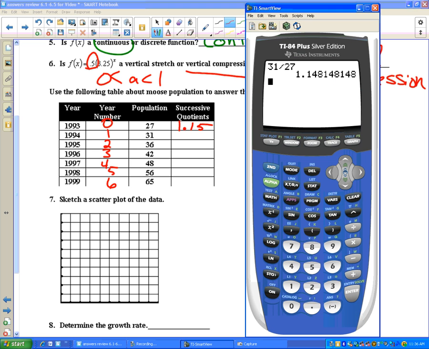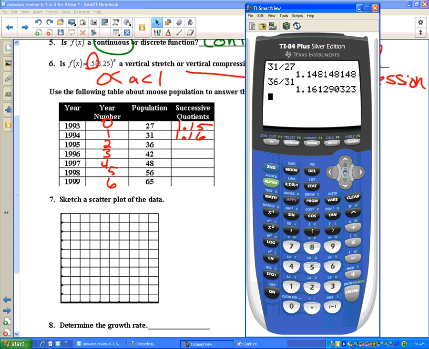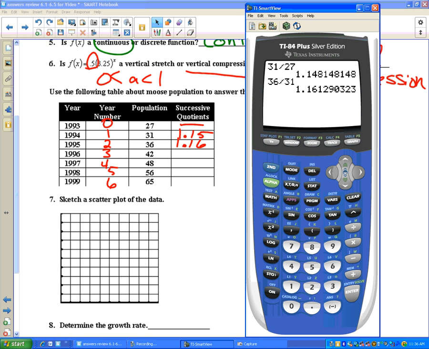Okay, so now let's take 36 and divide by 31. And I get 1.16. By the way, both of these I started a little high. You should always leave the first one blank. Okay? 42 divided by 36 is 1.17.